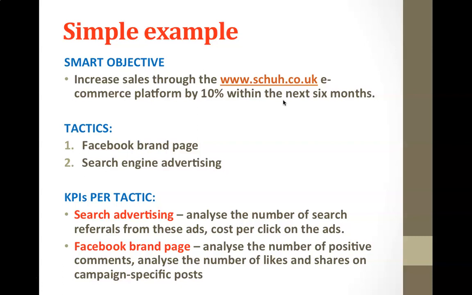The tactics that we're going to use to increase the sales, so that we're going to use Facebook, the brand page, and we're going to use search engine advertising. Key performance indicators for these tactics. So for the search advertising, we're going to analyze the numbers of search referrals from these ads and the cost per click on the ads. The brand page, we can analyze the number of positive comments, analyze the number of likes and shares on the campaign specific posts.